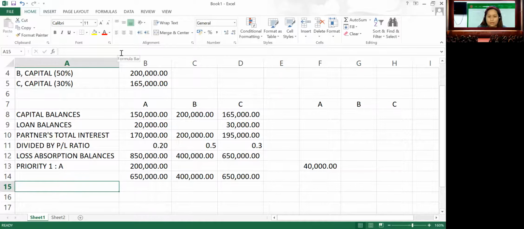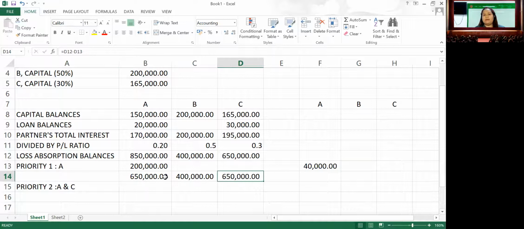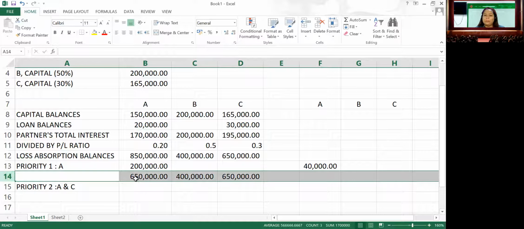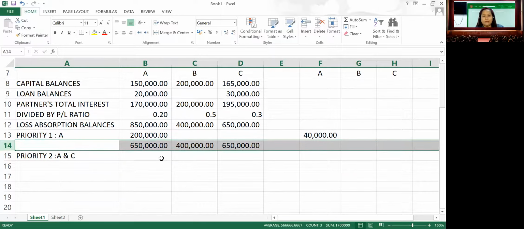Okay. How about the second priority? Punta tayo sa priority number 2. Ang priority 2 natin will be given to A and C. Bakit po? Kasi sila yung may pinakamataas na absorption balance considering these figures. Okay, so same process po yung gagawin natin.